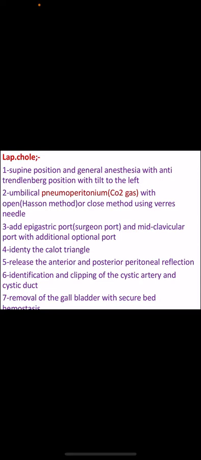A few points about the lap chole. The patient will be in supine position with general anesthesia, with anti-Trendelenburg position, with tilt to the left, umbilical pneumoperitoneum, يعني ننفخ البطن بغاز ثاني أكسيد الكربون, to create room for surgery, epigastric port, then the surgeon port, mid-clavicular port for the surgery, and an additional port for the assistant. يعني راح نسوي 3 أو 4 بورتات, 3 or 4 openings in the abdominal wall after insufflation of the abdomen with CO2.